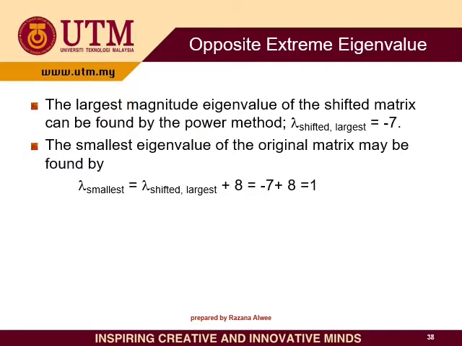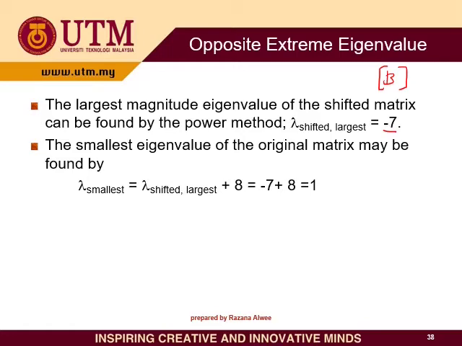As I mentioned previously, the largest magnitude eigenvalue of the shifted matrix can be found by the power method, lambda shifted largest, which is negative 7. We have discussed this in the previous slide.